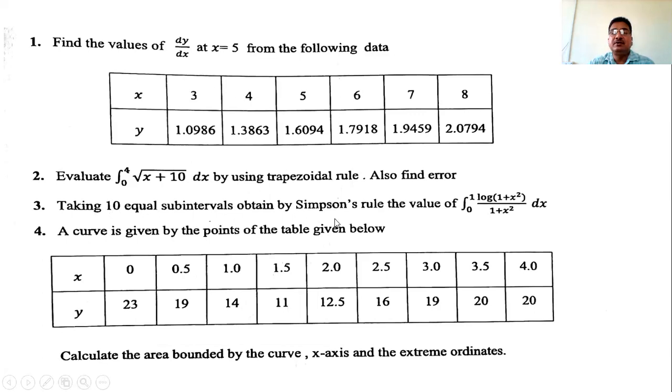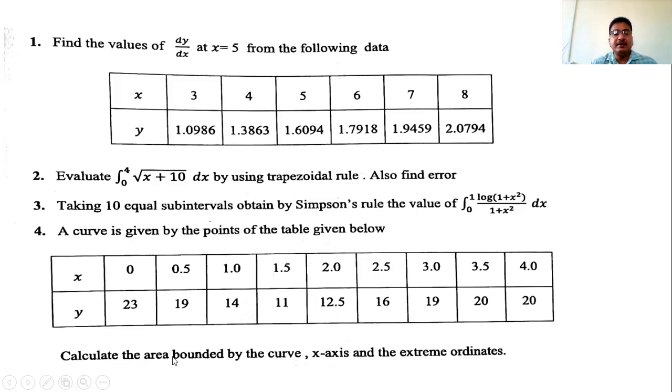Taking 10 subintervals, obtain by Simpson's rule the value of this quantity. Again integration by 10 subintervals, 10 strips. And here the table is given. If the table is given, then there is no need to find n or f(x).